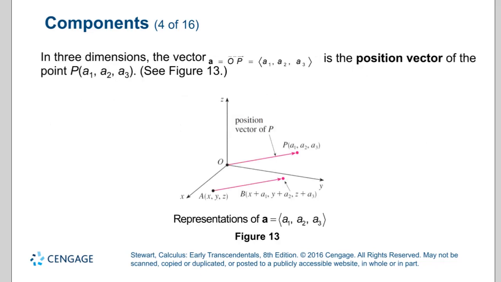So if I take a vector that's been shifted off, I know that something is being added to each value for the x, the y, and the z. I just need to figure out what that value is. And that's where I'm looking at the x plus a1, y plus a2, and z plus a3. The a1, a2, and a3 are going to be the position of the vector that I'm going to use to calculate it out.